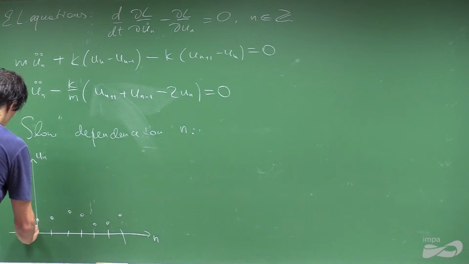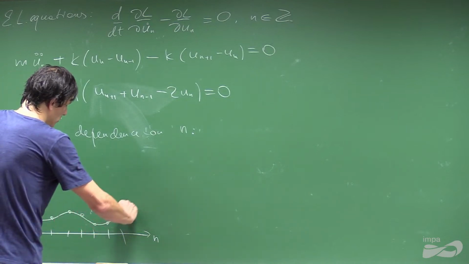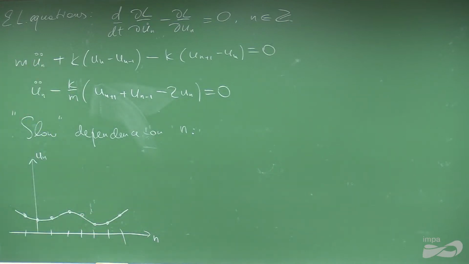So this is how you can see the slow change of displacement. It means that they kind of lie on a smooth curve. Right? So there are no abrupt changes.